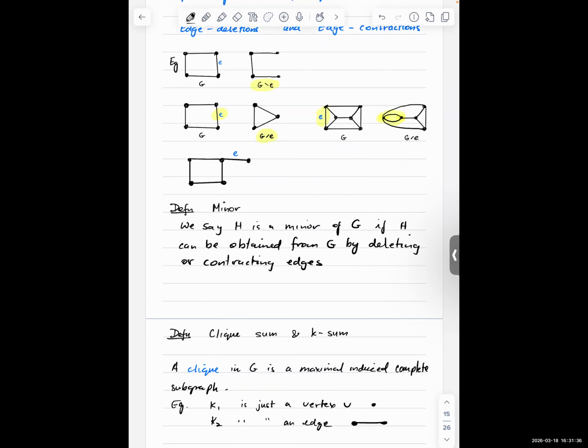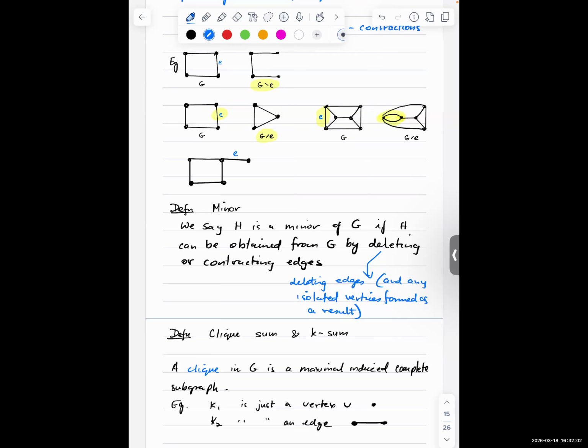And in my book and in other places, you may see deleting edges and any isolated vertices formed as a result. So they're really the same thing.